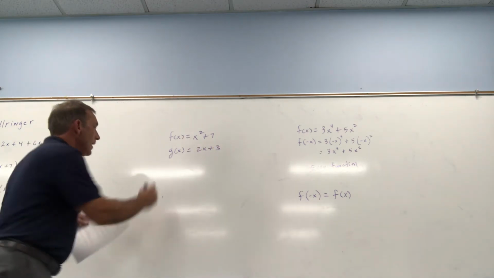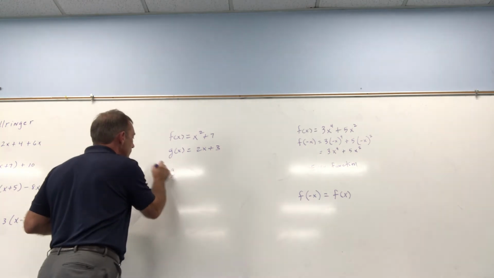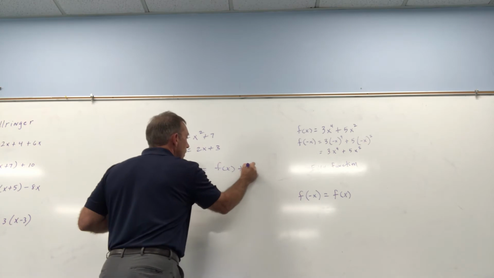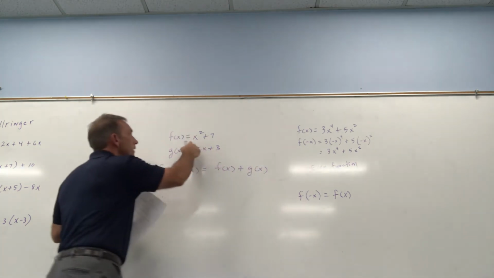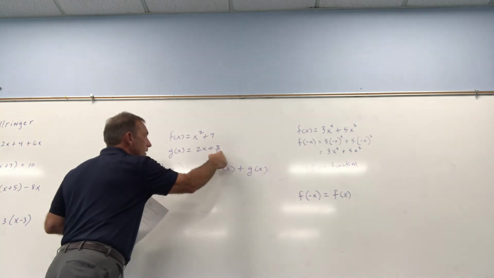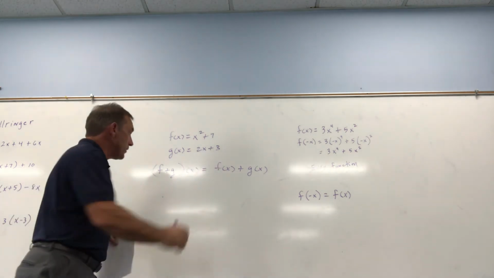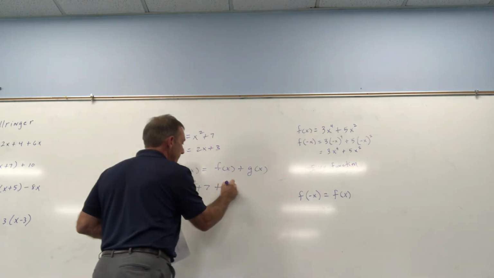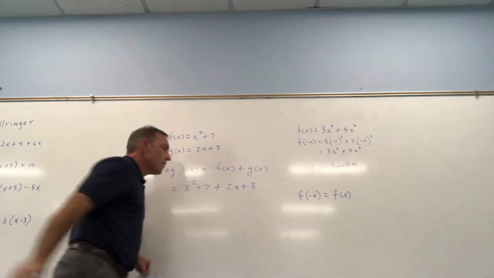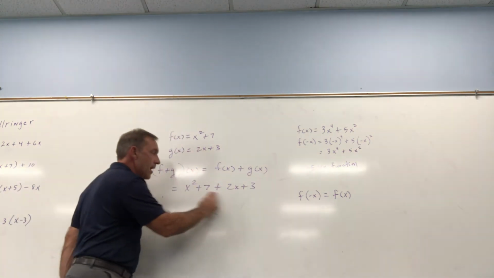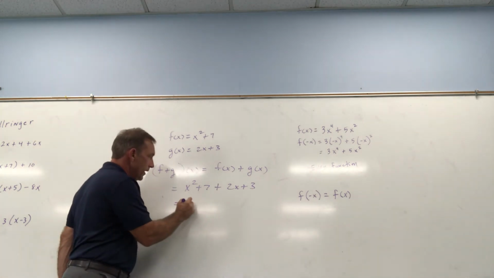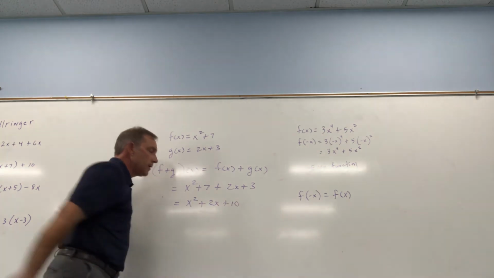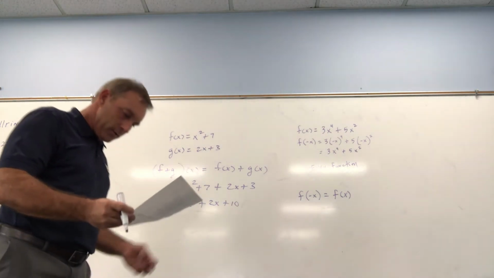And f plus g of x just means f of x plus g of x. In other words, we're going to take x squared plus 7 and add 2x plus 3 to it. So we're just combining like terms, and the only like terms we have are the 7 and the 3. So the answer would be x squared plus 2x plus 10. Just adding the functions together.